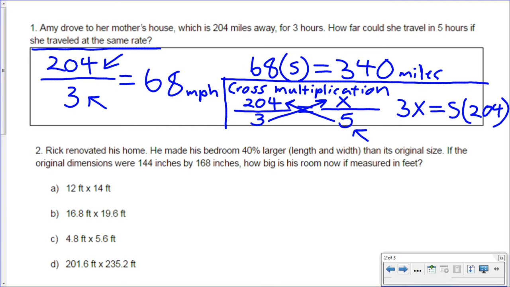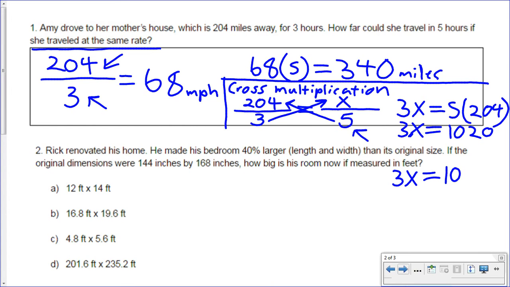So the first thing we do is go ahead and rewrite 3x. Let's go ahead and multiply the 5 times the 204. So 5 times 204 is 1,020. Well, if we know that 3x equals 1,020, we can isolate our variable by dividing. Let's go ahead and rewrite it down here.